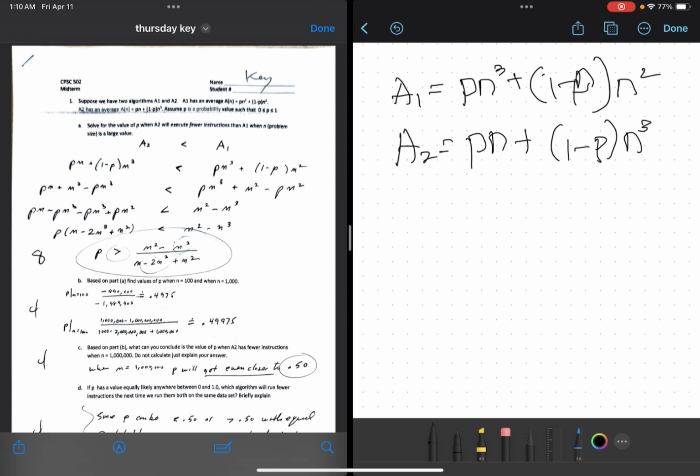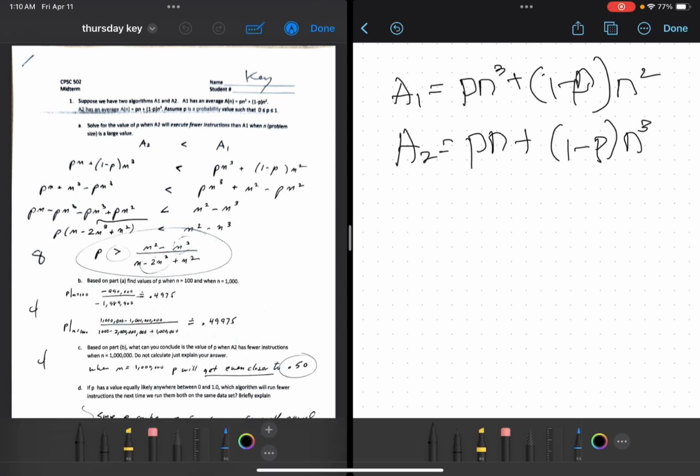Look at this step right here. We can see that p times (n minus 2n cube plus n square) is less than n square minus n cube. Now on the left side we have a negative sign before the n cube, and on the right side we have n square minus n cube.